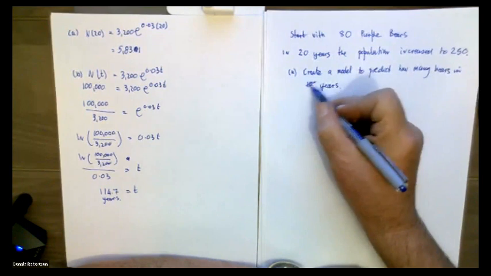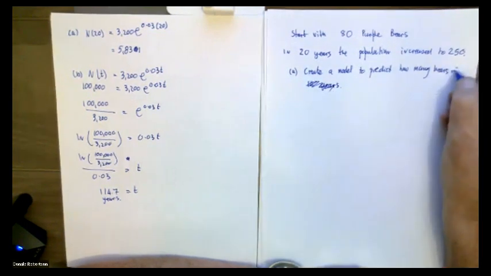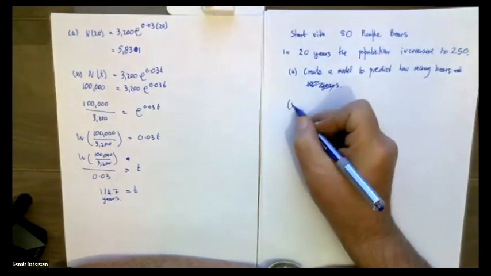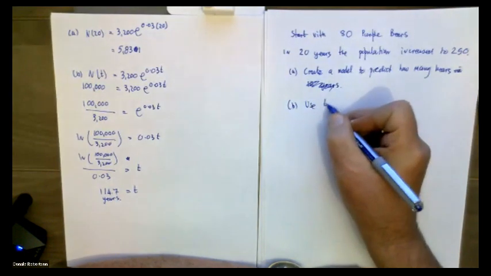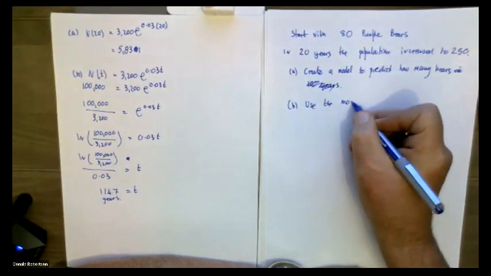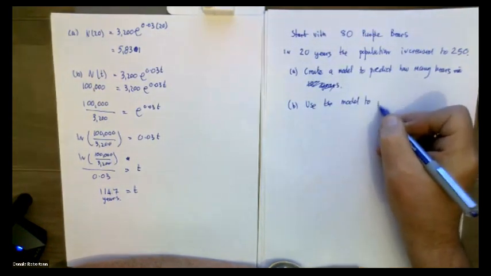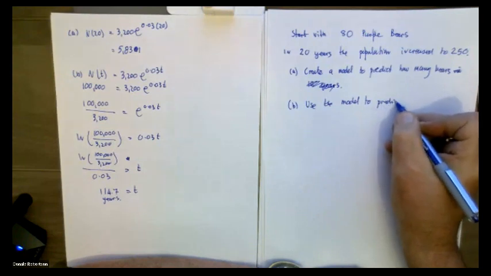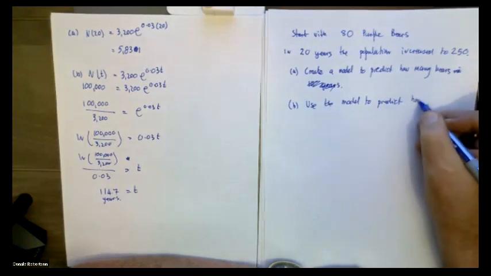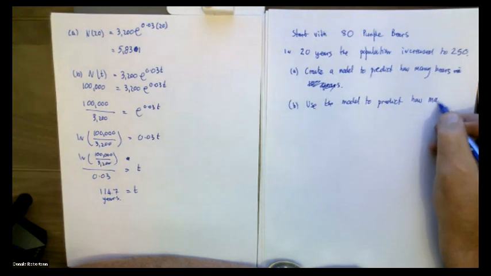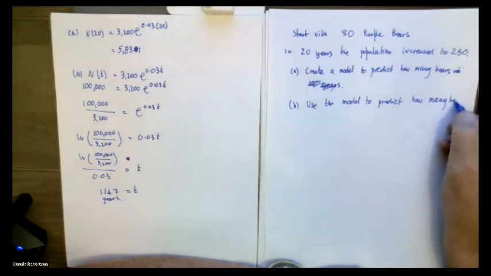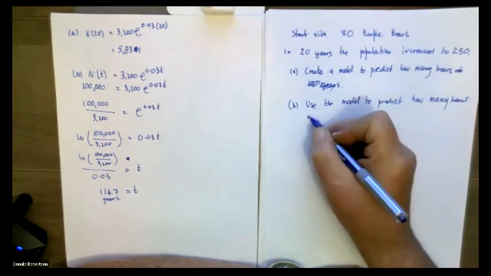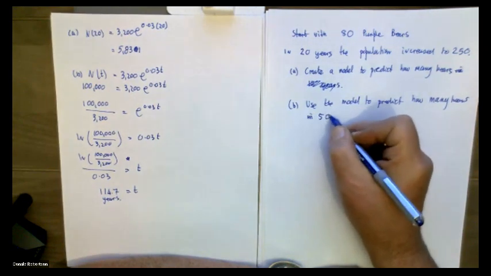Just how many bears. We don't need 10 years. In B, now we'll use the model to predict how many bears in 50 years.